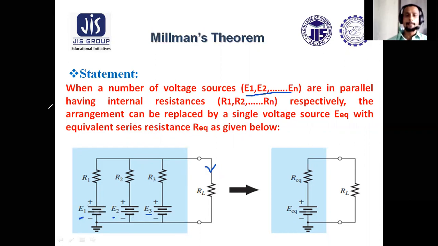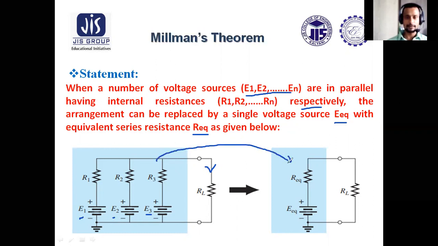Now, the statement is: when a number of voltage sources are in parallel, having internal resistances R1, R2 up to Rn respectively, the arrangement can be replaced by a single voltage source EEQ with equivalent series resistance REQ as given below.